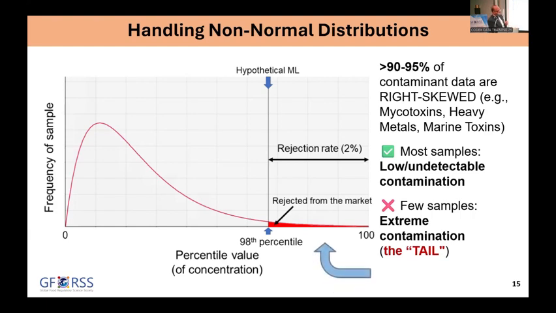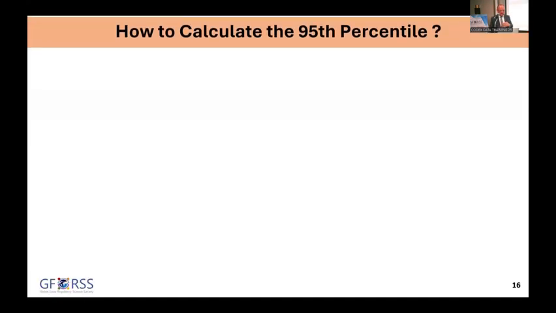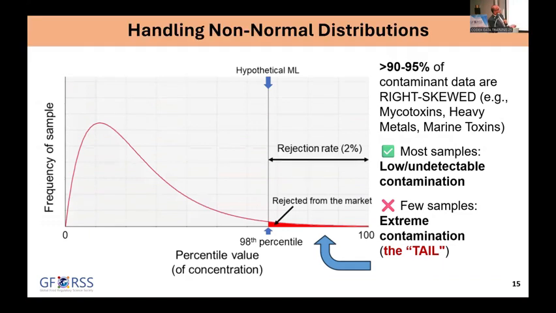Here I'm talking about this tail, which is really related to rejection from the market, and Dr. Amin will follow on this later regarding how to calculate the rejection rate. So we can go up to the 98th percentile, or we can go down to the 95th percentile. And as you see here, comes the hypothetical ML that we need to calculate.